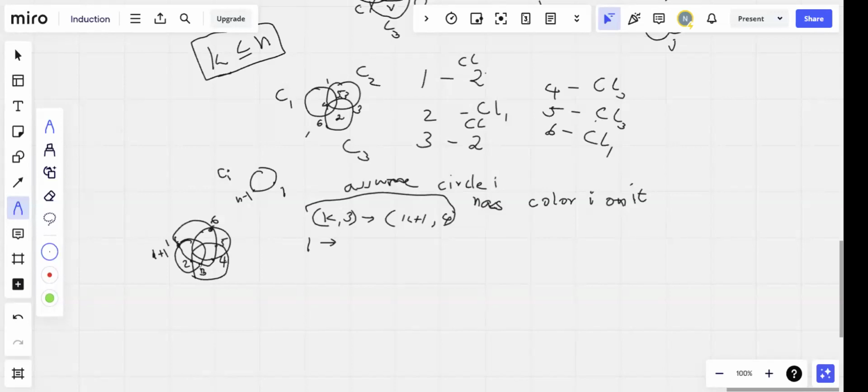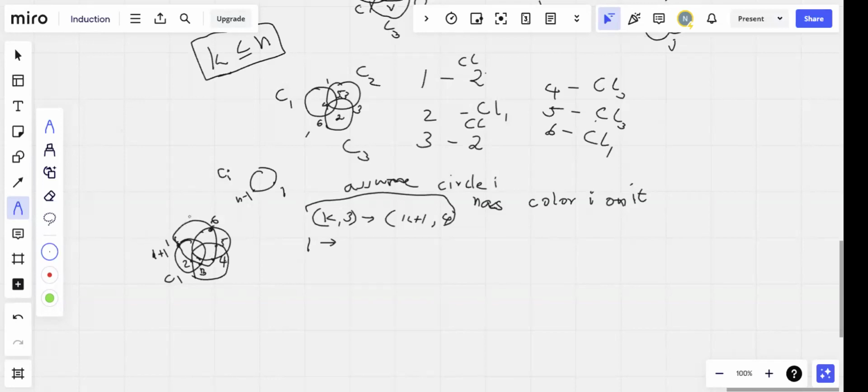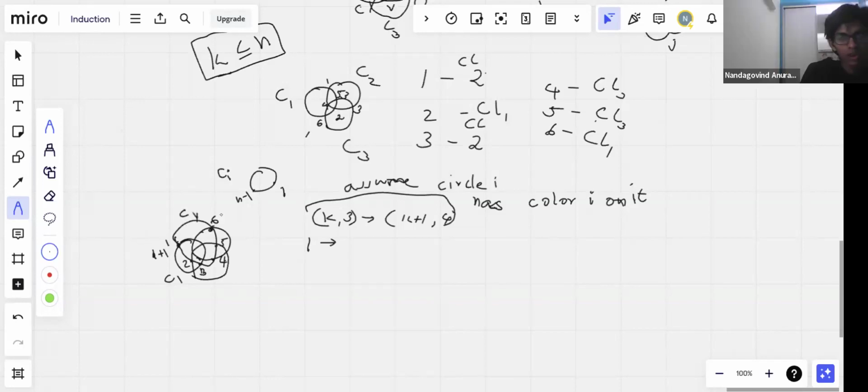For example, if this is circle 1, then you want to color this point 1. Now you have too many colors on circle 4, because you have all n colors on circle 4 instead of just k plus 1. So can you find a balance?